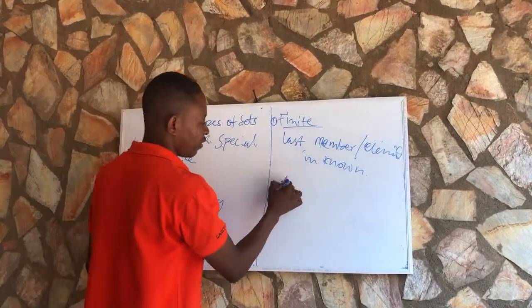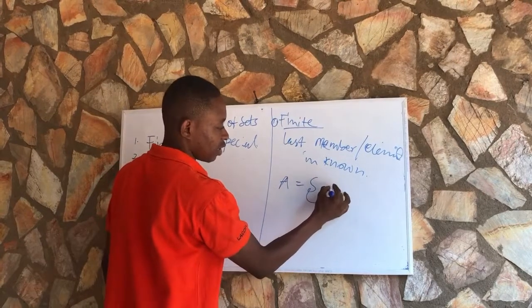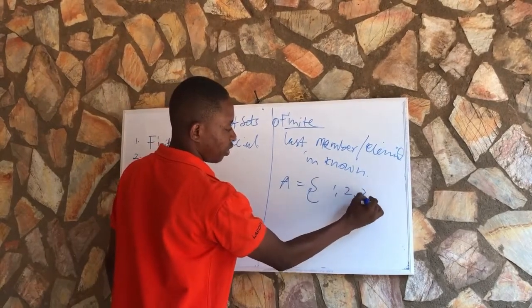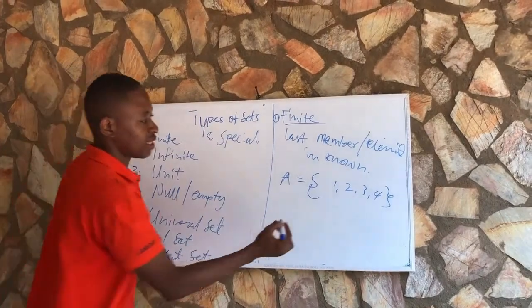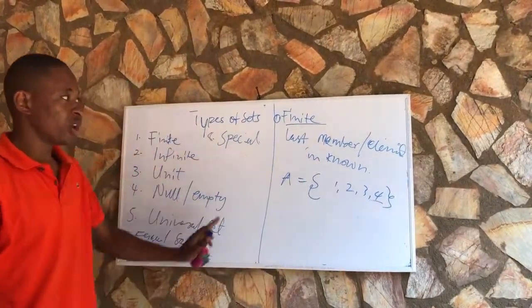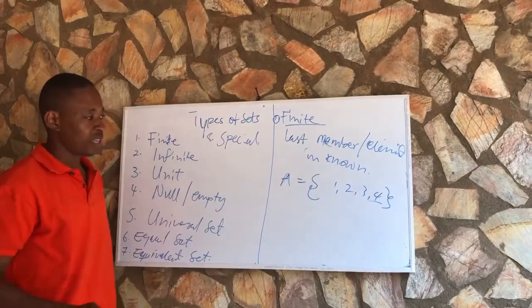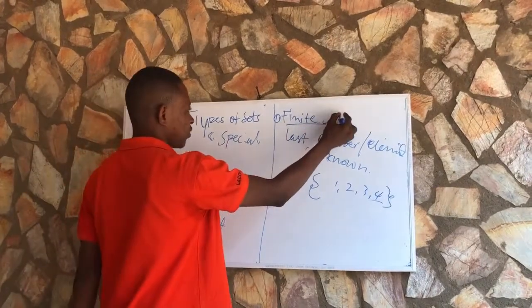For example, if we have a set A, 1, 2, 3, 4. In this set, the last element in the set is 4. We know it because we know the last element of the set. We say the set is finite.